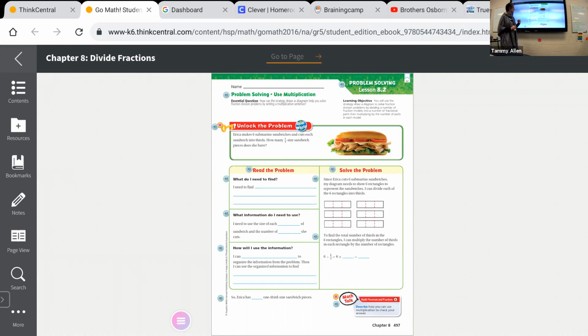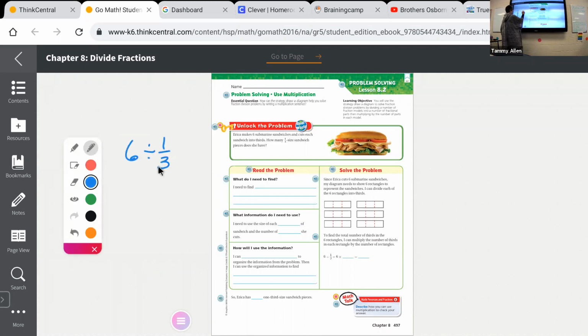Erica starts out with 6 submarine sandwiches and cuts each sandwich into thirds. How many 1/3 size sandwich pieces does she have? Well, she starts out with 6, and she's dividing them into thirds.